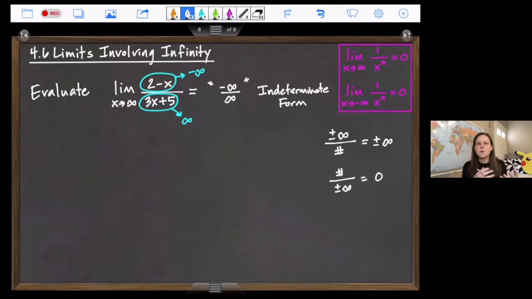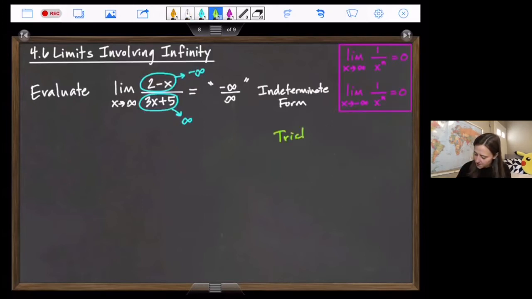So indeterminate forms, they're fighting against each other, and we need a trick. So the trick for 0 over 0, we had lots of them: some algebra, factor and cancel, rationalizing, things like this. We had infinity minus infinity, where we did a little factoring. Infinity over infinity, the trick is going to be to divide everything by the highest exponent in the denominator. Let's write that down.